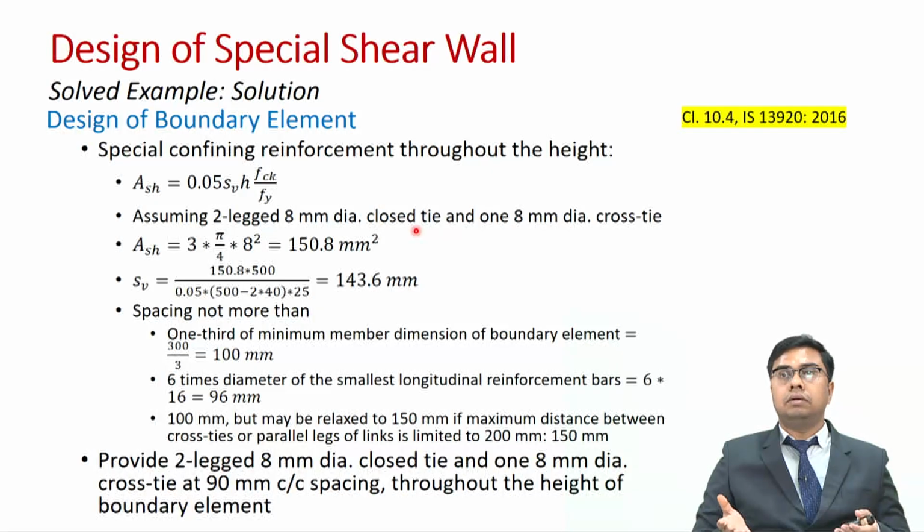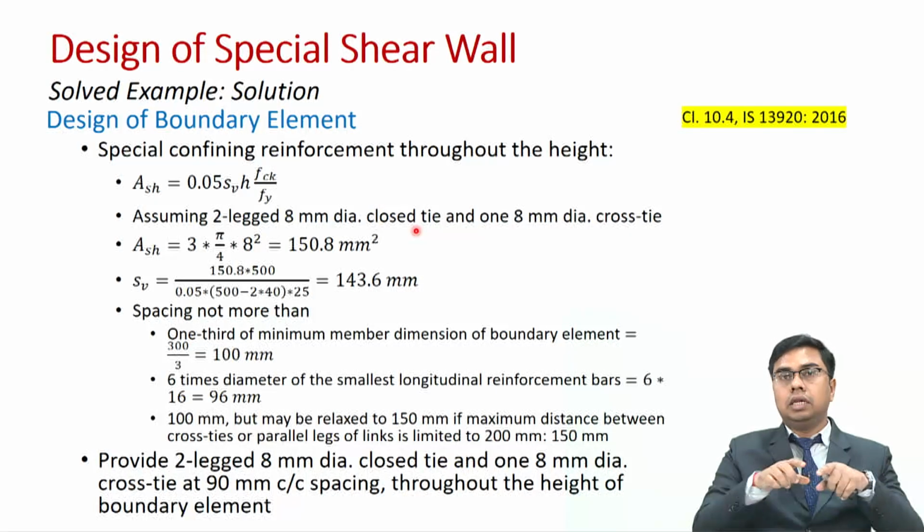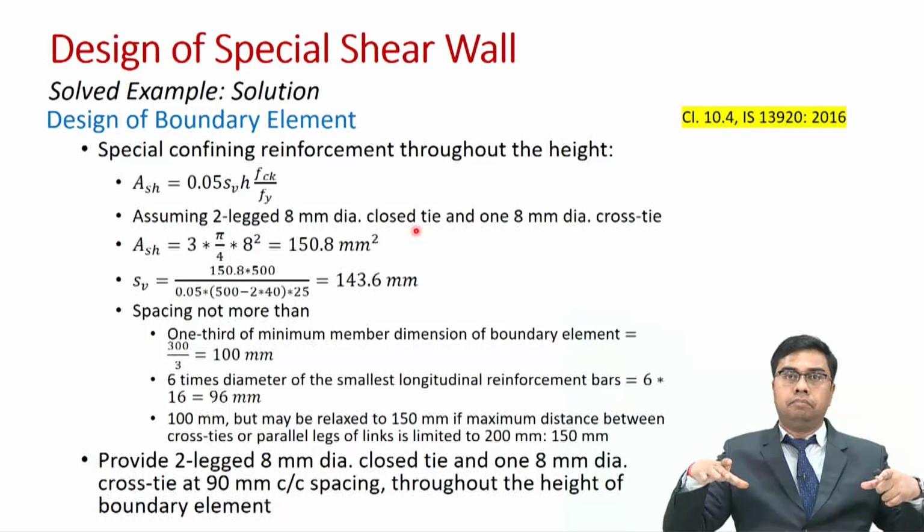Why are we using a cross tie in addition to a closed tie? Because the boundary element is 300 mm by 500 mm.